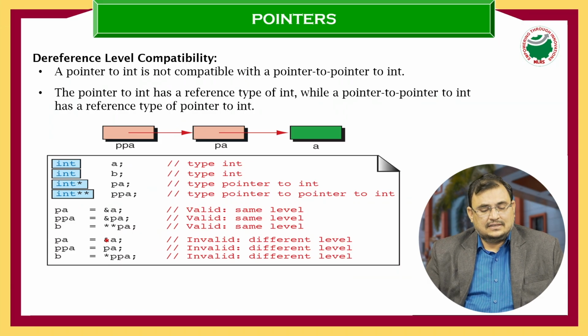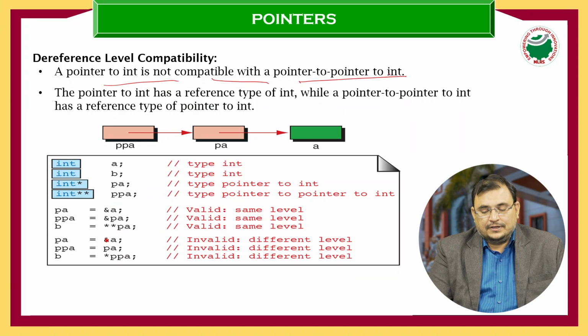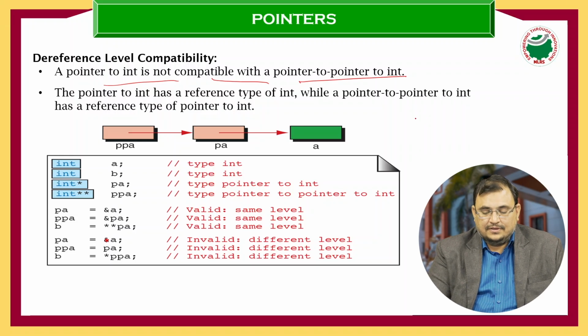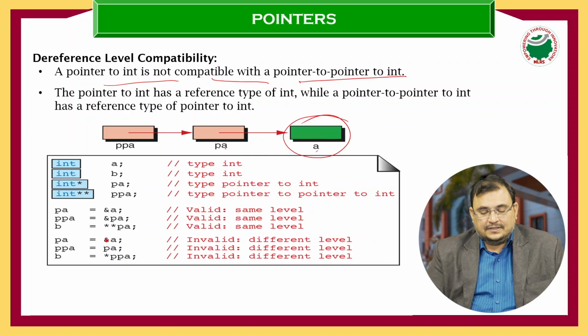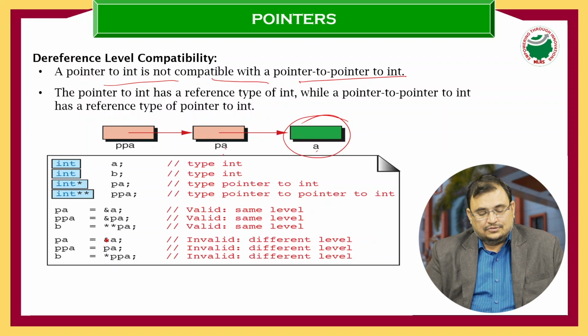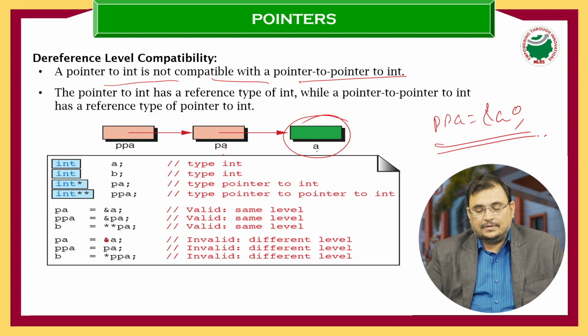Now the third one is level compatibility. A pointer to int is not compatible with a pointer to pointer to int, because the level is different. For example, the address of a can be stored in a pointer, and the pointer's address can be stored in a pointer to pointer. If you do not follow this and simply use ppa is equal to address of a, a level compatibility problem will occur.